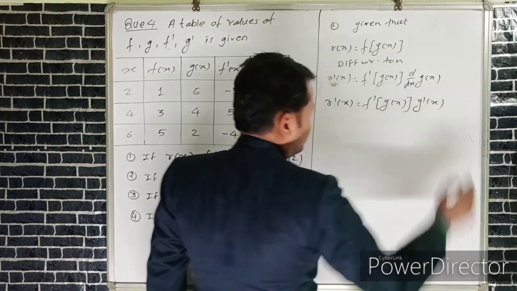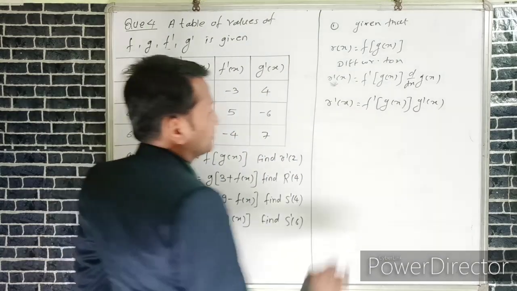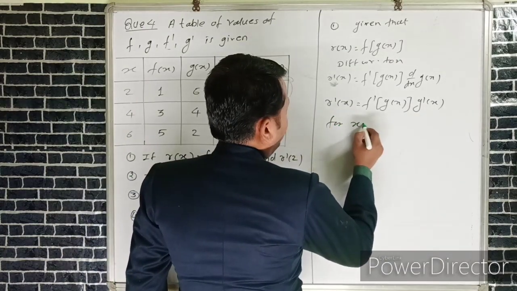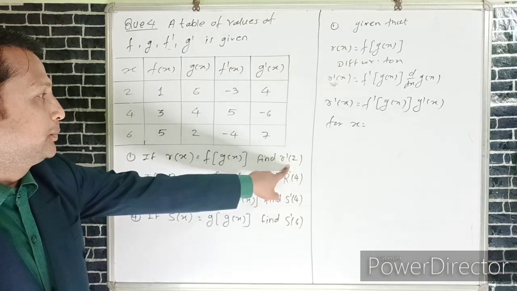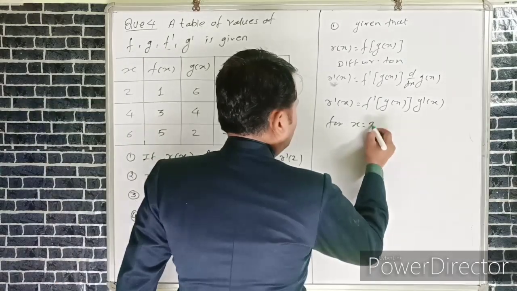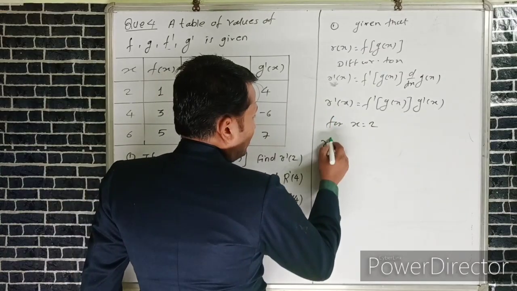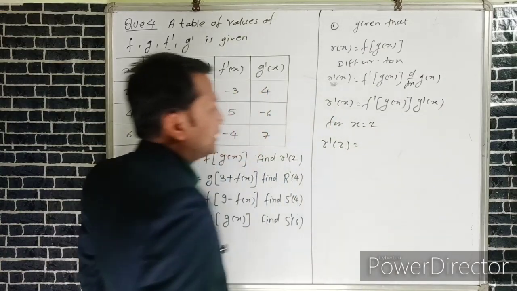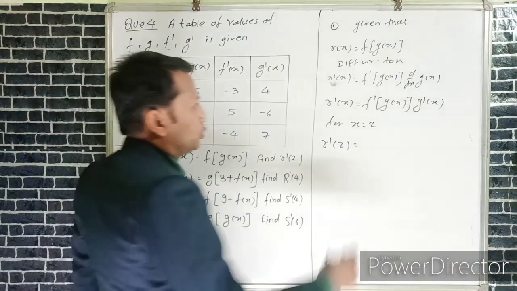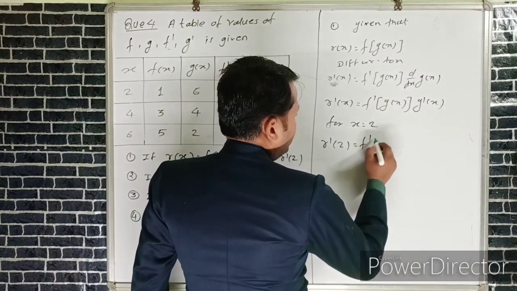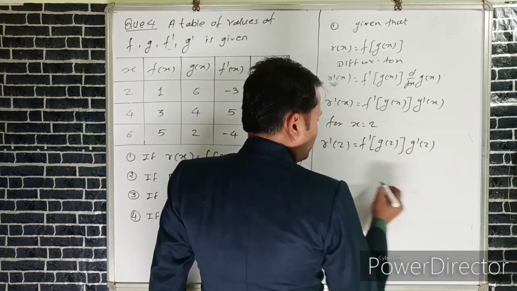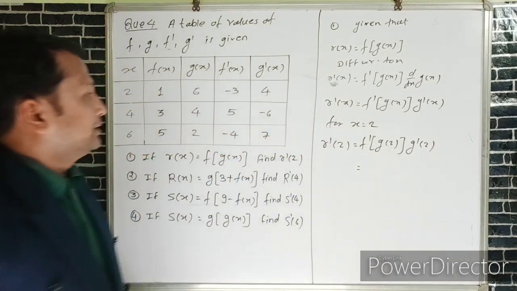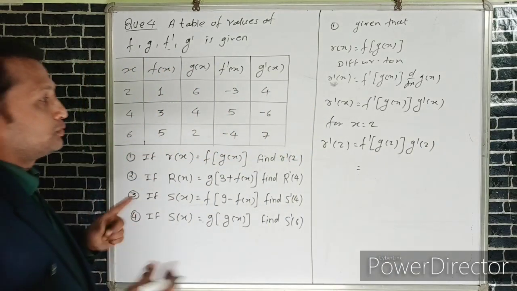Hence, we can write R dash of x is equal to f dash of g of x into g dash of x. After that, we have to find R dash of 2. If we put the value of x as 2, replacing x by 2, we get R dash of 2 is equal to f dash of g of 2 into g dash of 2.